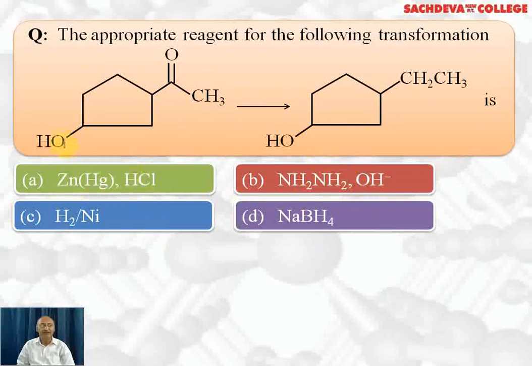Because HCl will react with this OH and replace it with Cl, so A has to be avoided. Hydrogen and nickel, why not? Because the keto group will change to a secondary alcohol, which we don't want. Sodium borohydride will also convert the keto group to a secondary alcohol. For converting a C=O group to a hydrocarbon, Wolff-Kishner reduction, that is hydrazine and KOH in ethylene glycol, is most suitable. B is the correct answer.